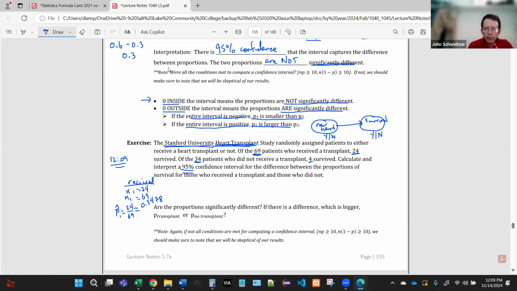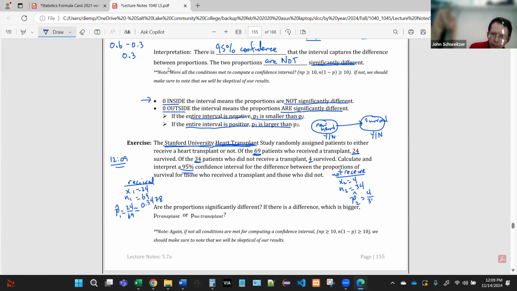Among those who did not receive the new heart, there were 4 successes out of 34 for a success rate, and it's a sample proportion. It's not the population.